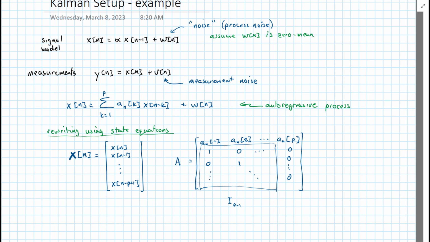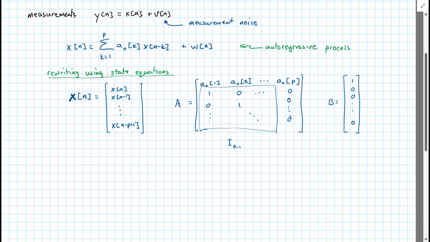We have a couple things left to do. Our noise matrix B is going to be just 1 with a bunch of zeros, because the noise is only added to the current input sample. The rest is taken care of through our autoregressive update.